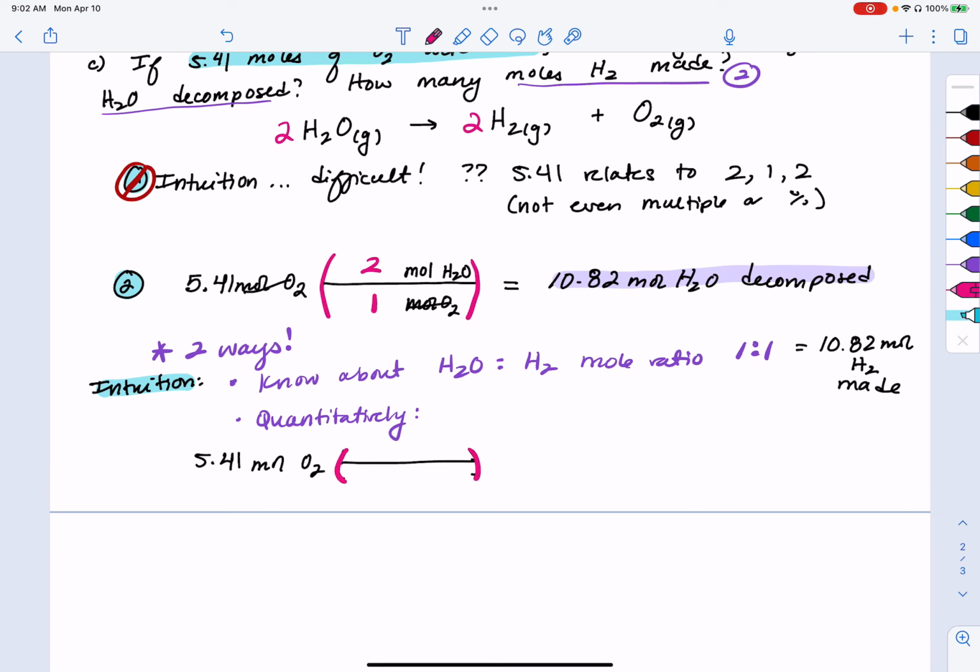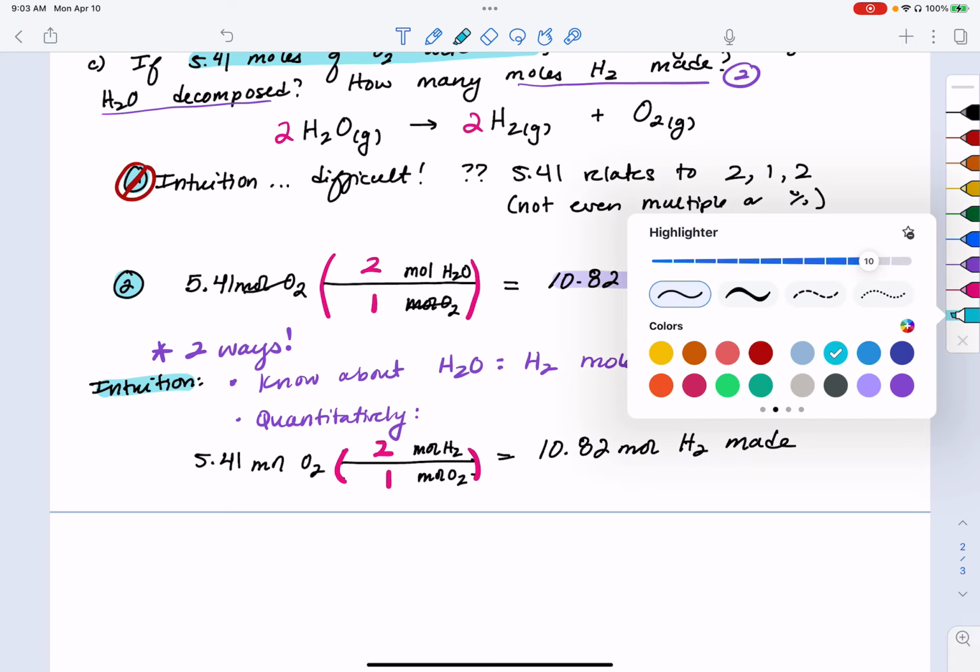So I've got moles of oxygen that I want to cancel, leaving behind moles H2, which is what I want. And I know from my recipe, my balanced chemical equation, that for every 1 mole of oxygen made, there must have also been 2 moles of hydrogen gas made. So I need to double my 5.41 moles. This gives me 10.82 moles of H2 made.